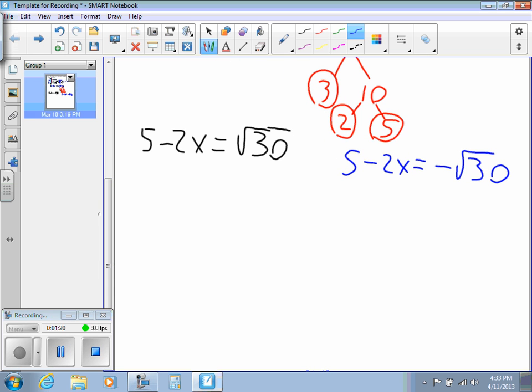Now we need our variable by itself. We're going to subtract 5 from both sides, giving us negative 2x equals negative 5 plus the square root of 30. And now we're going to divide both sides by negative 2.